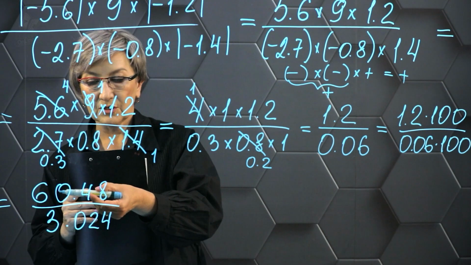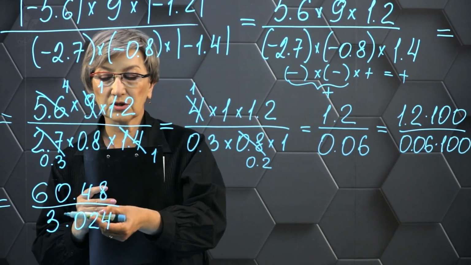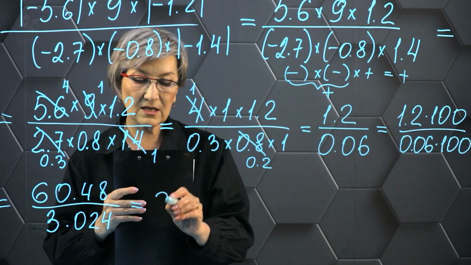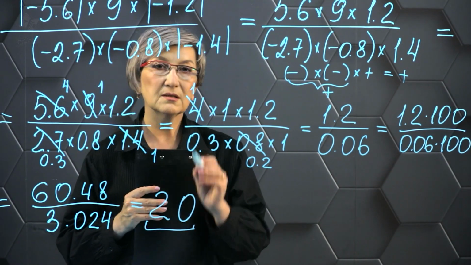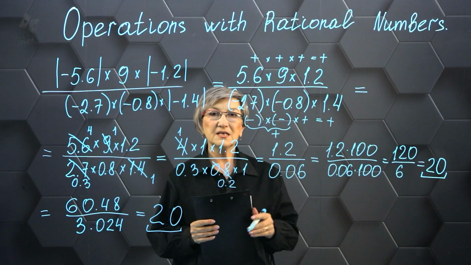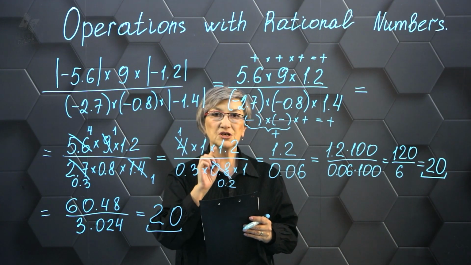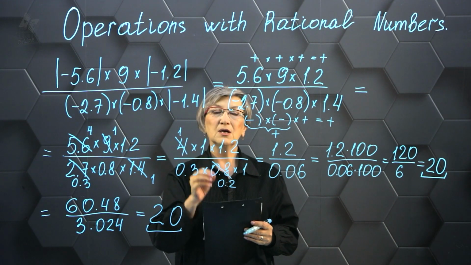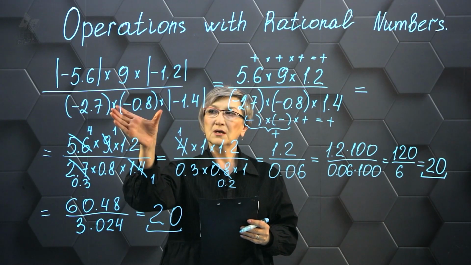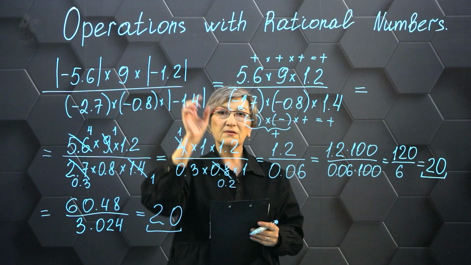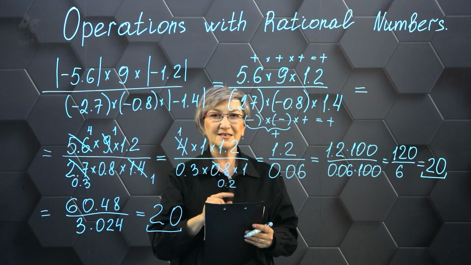And when you divide 60.48 by 3.024, you have the answer. You have 20. When you see an example in which numbers are written in parentheses, pay attention to those parentheses. What do they mean? Either it's writing a negative number, or you need to find the absolute value of that number first.